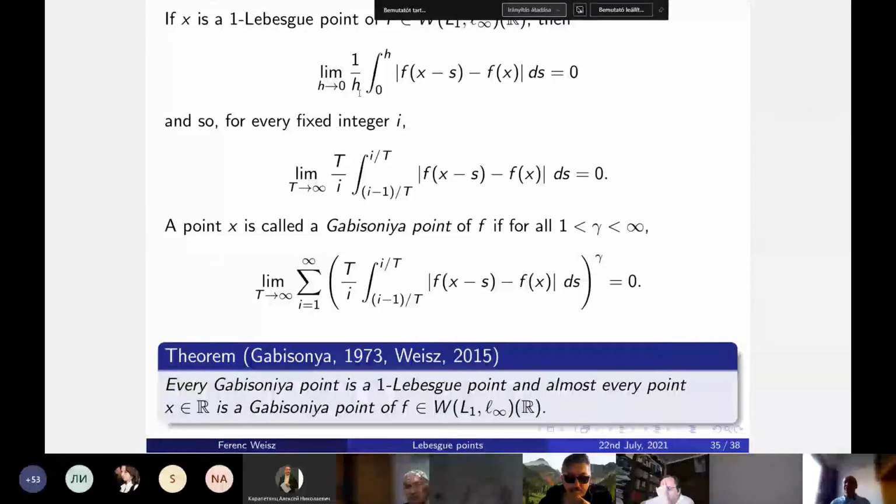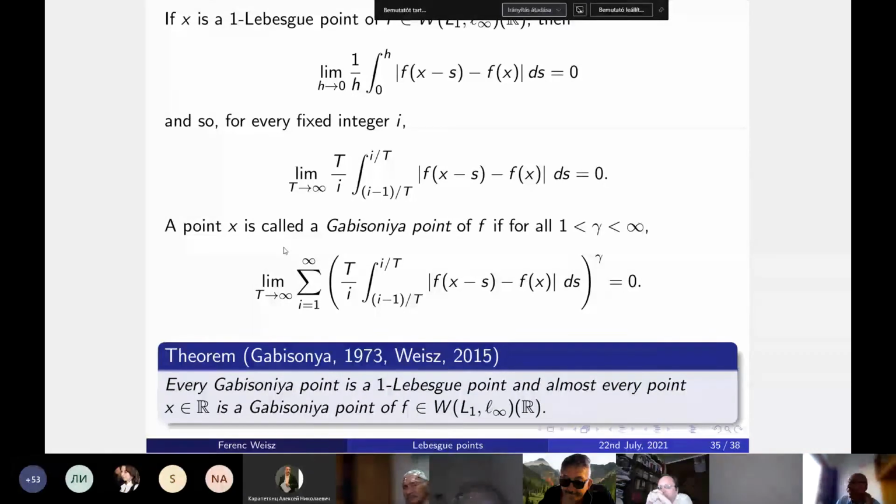This is almost the definition of the Lebesgue points. In the definition I used here the integral from minus h to h. But this is also true if I write, instead of h, I to the power t, where I is an integer, t is a positive real number. Then this limit is also equal to 0.